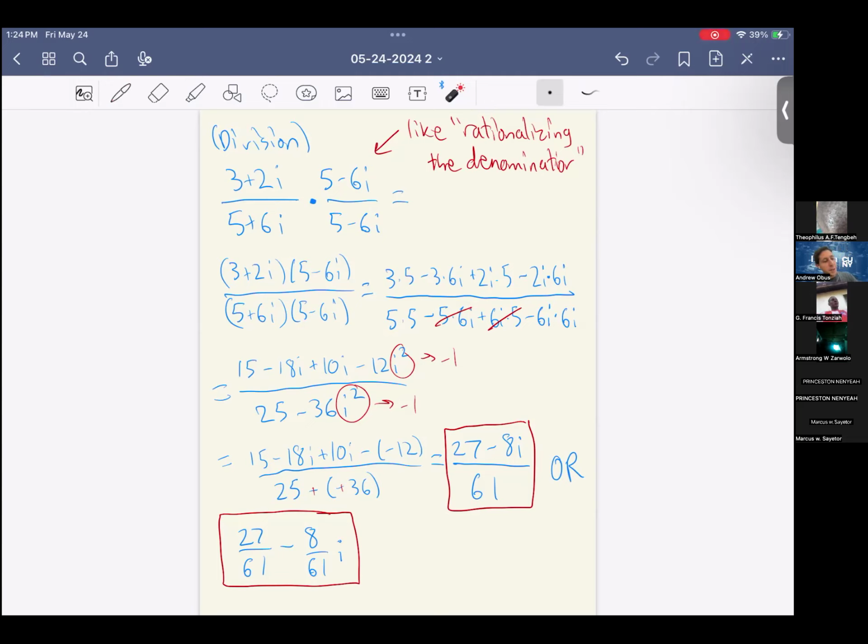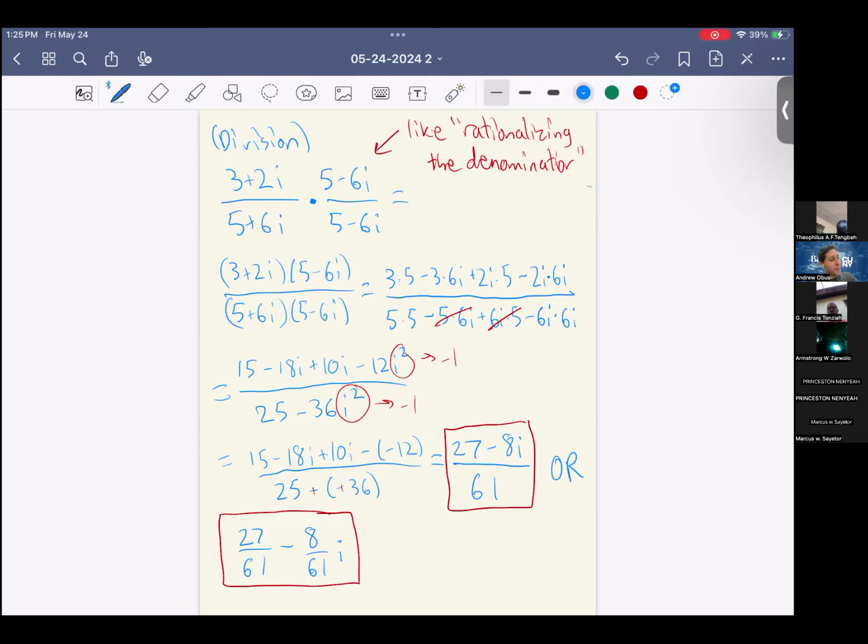Okay, so let me respond to that in two ways. The first thing is, all I said is that it is like rationalizing the denominator. I didn't say it is rationalizing the denominator, just that this should remind you of what you do when you rationalize the denominator. But another response is that there really is a root, because every time I see an i, this i is actually the square root of -1.